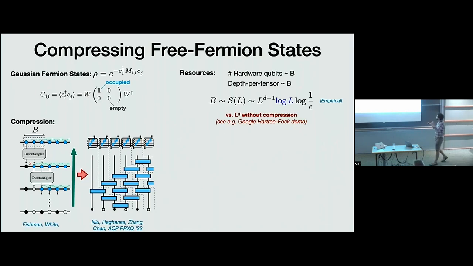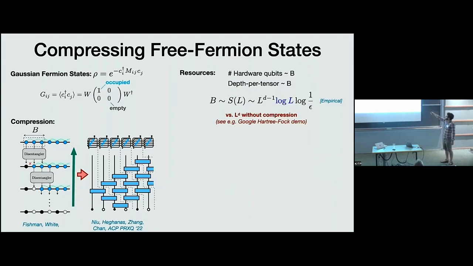And empirically, we did some numerical study for different systems that you care about, like metals or Chern bands or all your favorite free fermion systems. Well, maybe I didn't get all of the favorite ones. But empirically, it seems like if your system's linear size is L, the block size tends to scale as the entanglement entropy for a cut in that system.